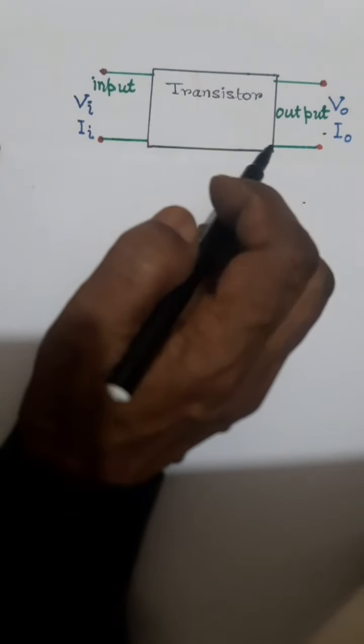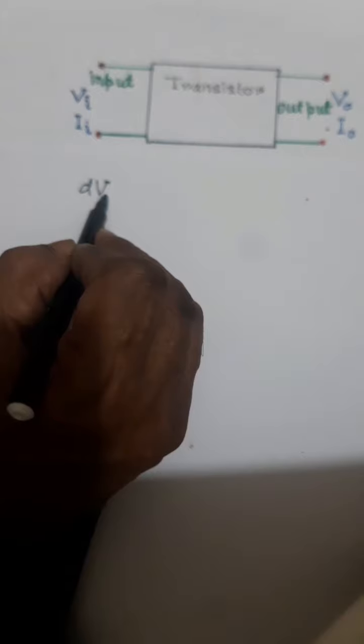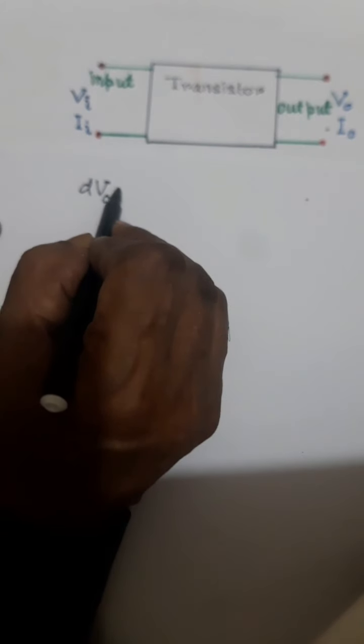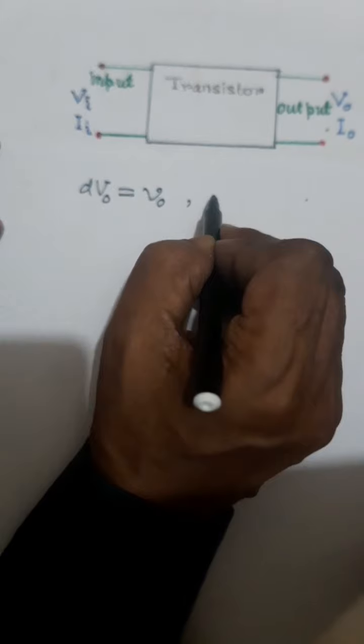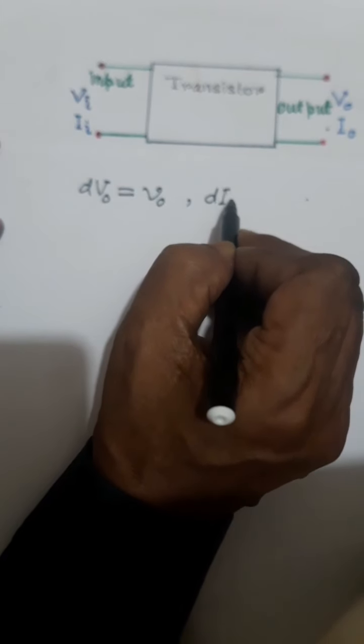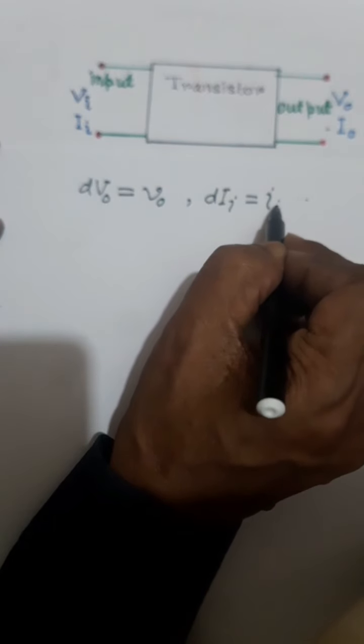A change in DC voltage is an AC voltage and a change in DC current is an AC current. That is, dVo, the change in DC voltage, is an AC voltage Vo, small vo. Change in DC current dIi is Ii, small ii, AC current.